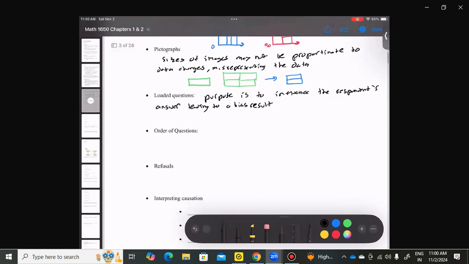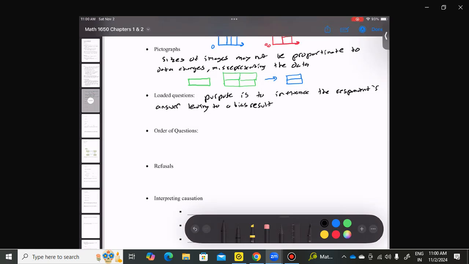That means on a survey they ask a question in such a way where you're not going to want to answer it the way they don't want you to answer it, because it sounds bad, even though maybe that is the truth of the answer you actually will want to choose.